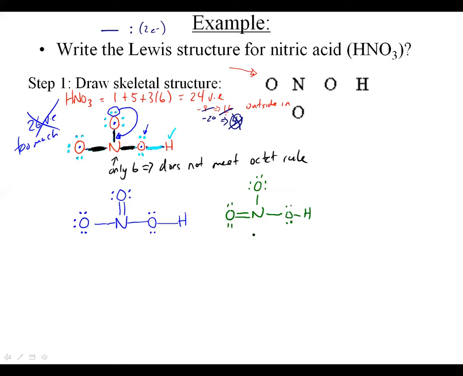So the question is in terms of the dots for the double bond. I ended up putting them on the side here, and that's typically how you'll see the lone pairs with the double bonds. You'll typically see them on the sides. Truthfully, it doesn't matter. Let's draw it in here. You could have, if you wanted to, done something like this.